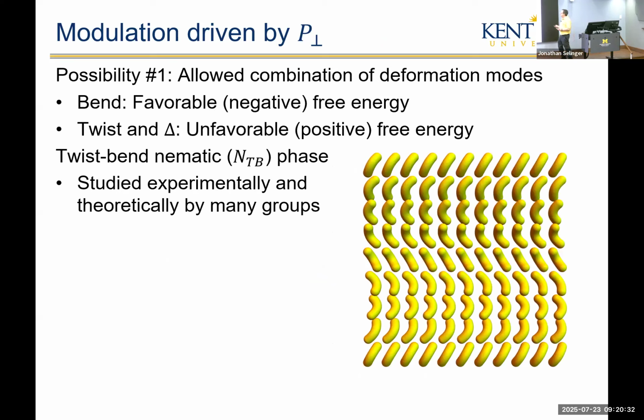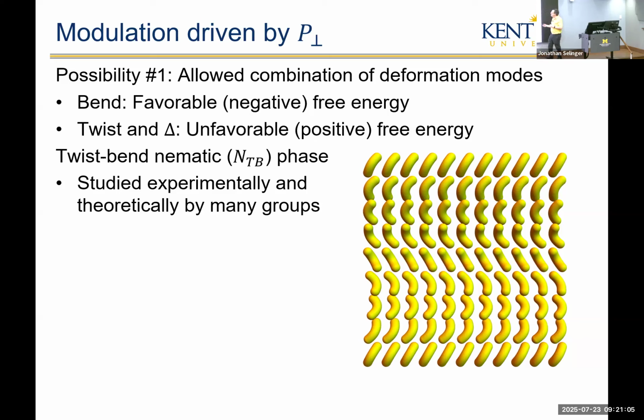Likewise, another example would be if you have banana-shaped molecules, people call them bent core liquid crystals, then you have some favorable bend, but there is no state with pure constant bend. So one possibility is to make this twist bend nematic phase, a phase where the director rotates around a cone like this, okay?